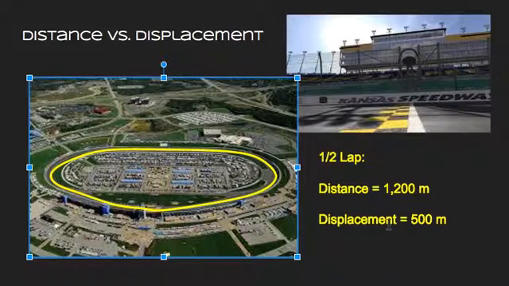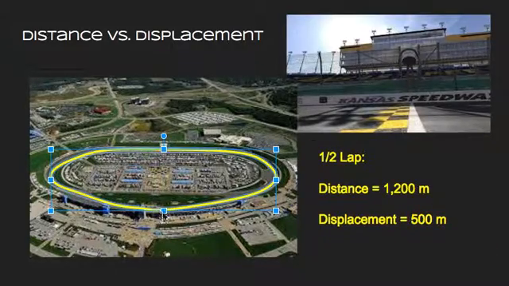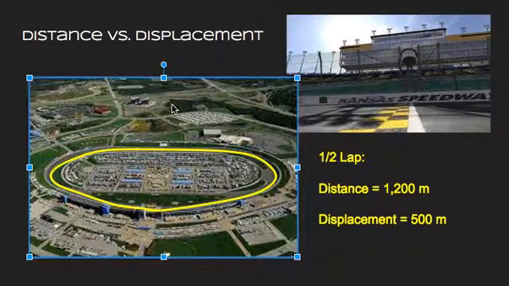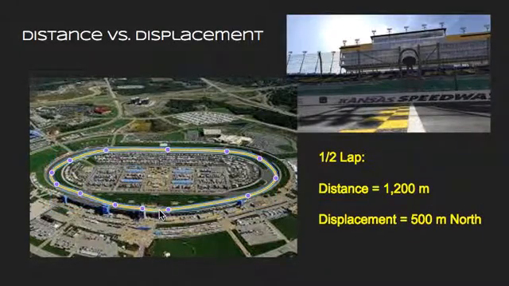I'm just guessing. Now, I don't just want to say 500 meters for displacement. I need to know, did I go 500 meters this direction, or that way? So let's imagine that this direction is north up here. This is south, east, and west. So I would say that my displacement was actually 500 meters north, if I was talking about starting from this spot right here and going to this spot.